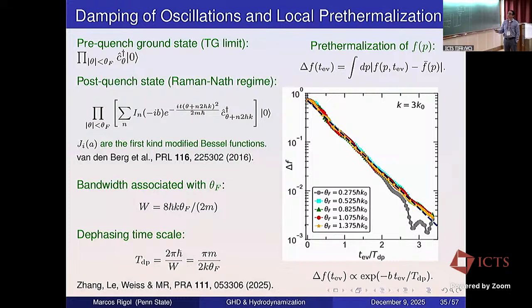And now, here I fix K and I change the Fermi energy. So I study the state with different Fermi energies. You see they all collapse when I rescale the evolution time by this dephasing time. So that's the second time scale, and it's a short time scale.